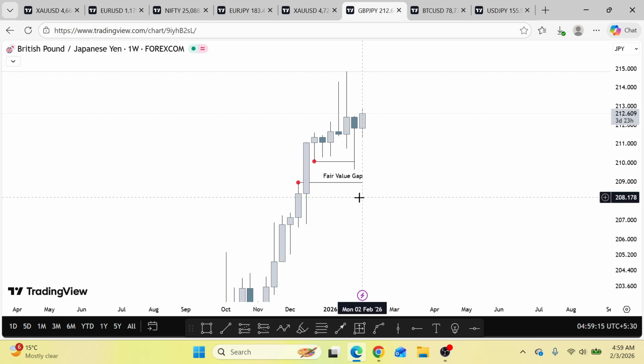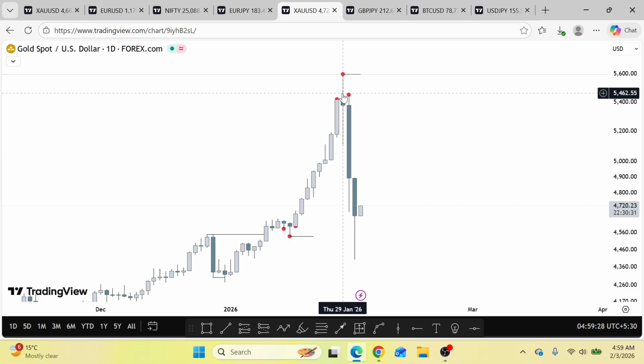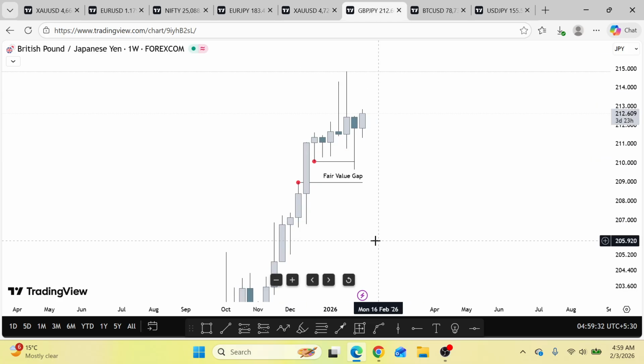In easy language, a fair value gap is an imbalance between sellers and buyers. So the first was swing points, either swing high or swing low, and the second type is fair value gaps.